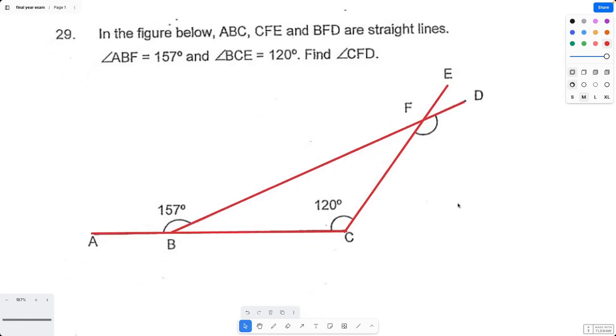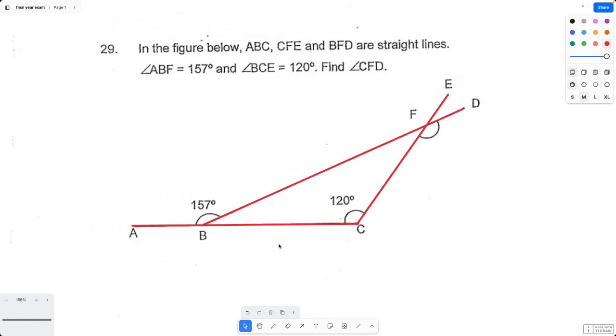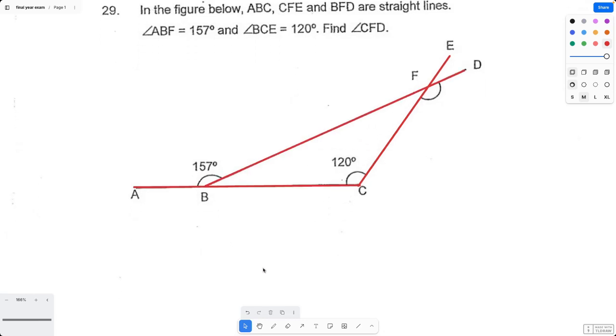So what we want to do is calculate the angle BCD first. BCD is equal to 180 minus 157, and that's equal to 23 degrees. So we know angle BCD is 23 degrees.